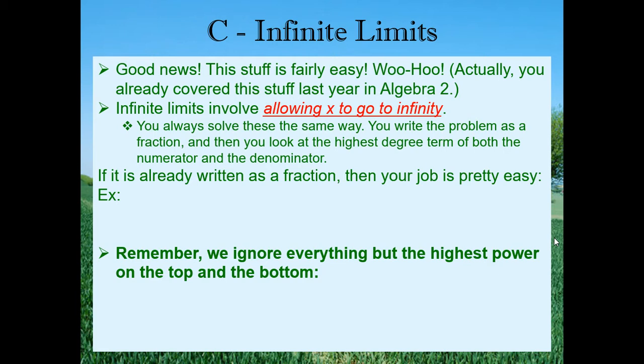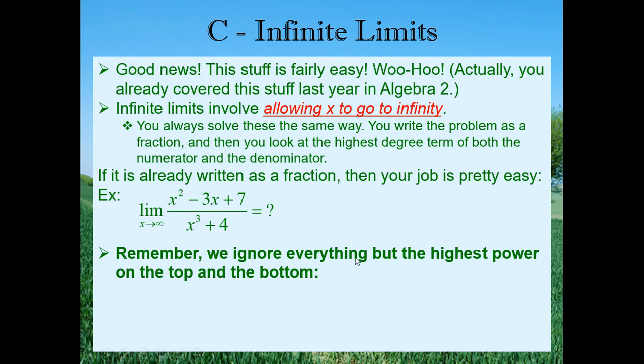You write the problem as a fraction, and then you look at the highest degree term in both the numerator and denominator. We've done that before. If it's already written as a fraction, your job is pretty easy. So something like this, I've got limit as x goes to infinity, x squared minus 3x plus 7 over x cubed plus 4. Well, we'll look at an example like that.